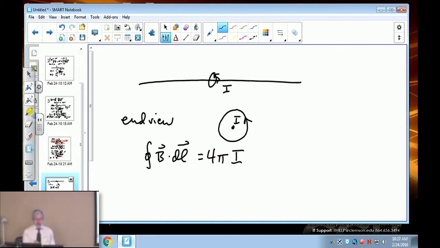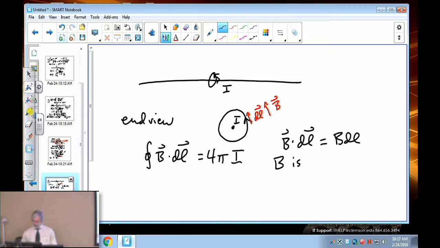Okay, so now we have to go through a similar sort of argument here. Here's dl, a little piece, and we want the magnetic field, and we notice that the magnetic field is parallel to dl all the way around, so that B dot dl is just B dl. And we notice that the magnitude of B is the same all the way around the circle.